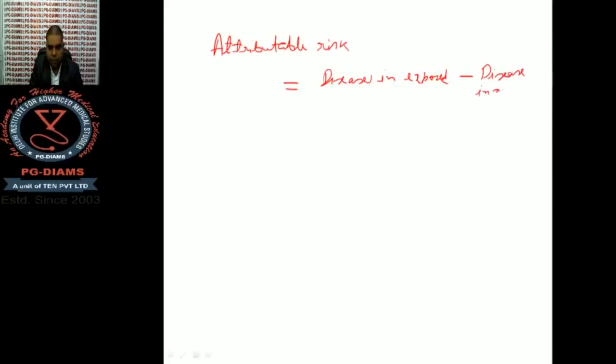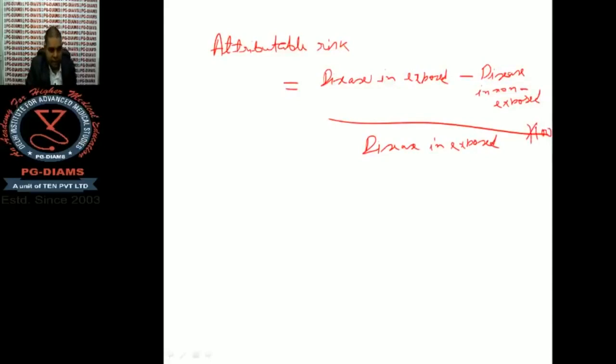Let's understand what attributable risk means. Attributable risk is equal to disease in exposed minus disease in non-exposed, divided by disease in exposed, into 100. This is attributable risk.